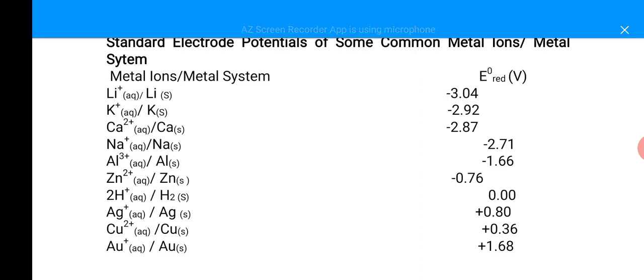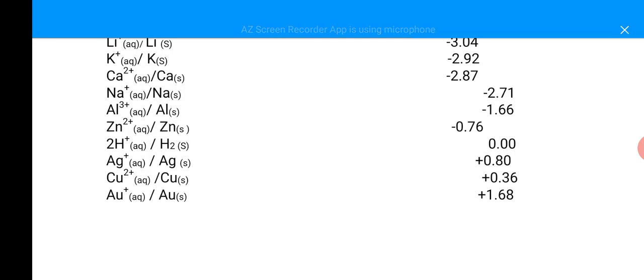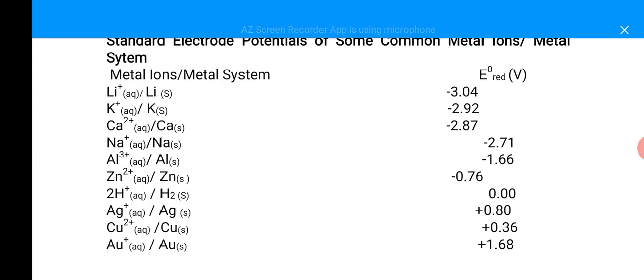This means that the substances that usually have a negative value of the standard electric potential are likely to serve as the anode and they easily get oxidized. Why? Because they can readily lose their electrons, as lithium can readily lose its electron with respect to the hydrogen system. But silver has a positive value.